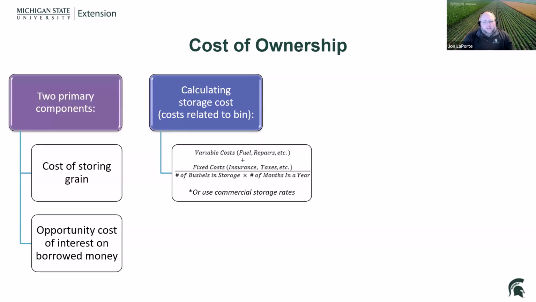Sometimes it's a little easier, if you don't want to do the math, you can use commercial storage rates. The only caveat I would give you with that is that it typically costs less to store on the farm versus storing at commercial storage.